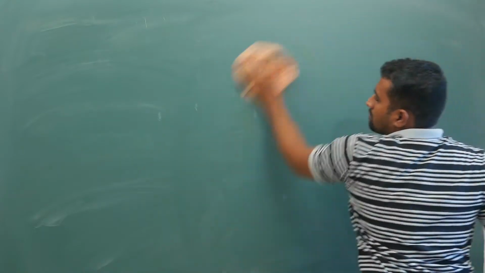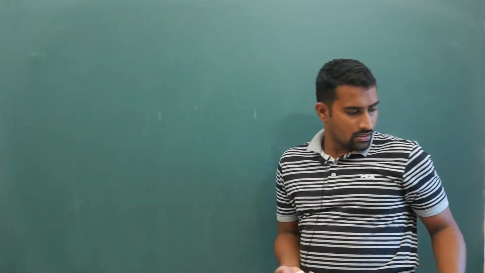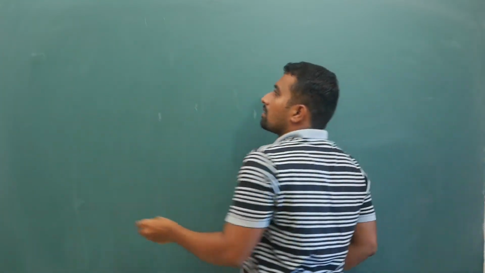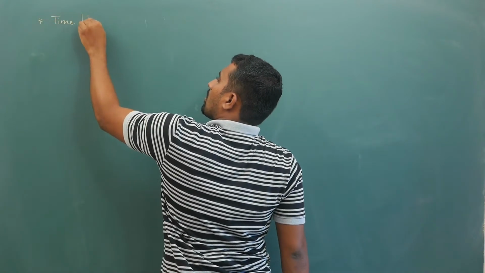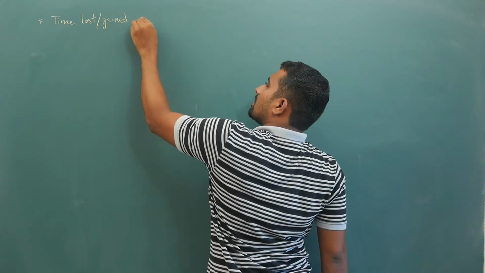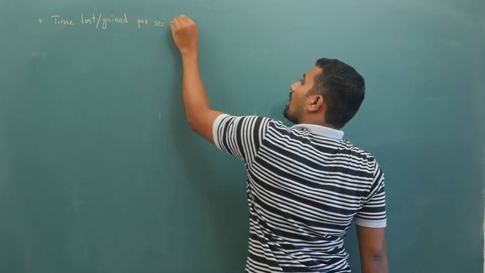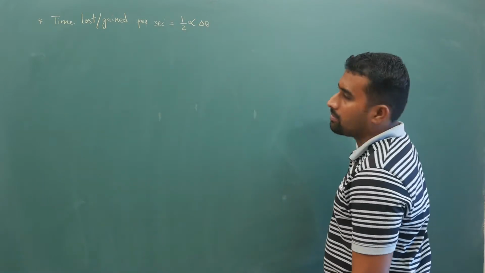Now I will tell you what to do with this. Your time lost or gained per second is half alpha delta theta. Per second means it is in the denominator.